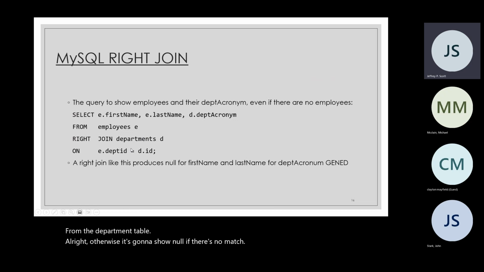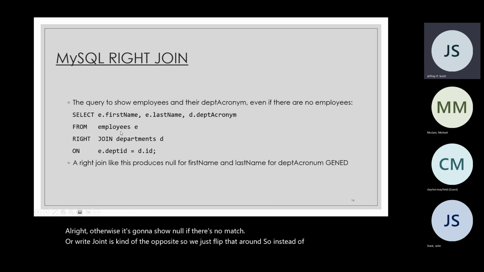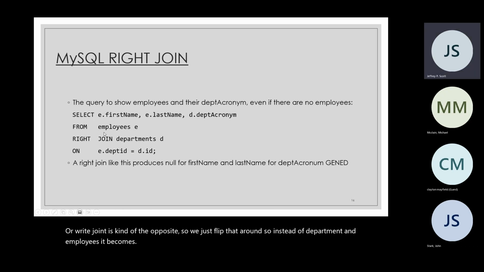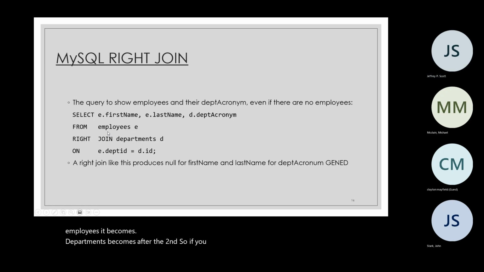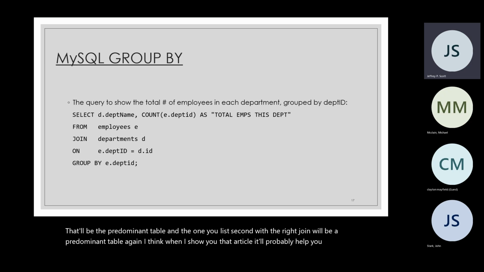A right join is kind of the opposite. So we just flip that around. The one you list first with a left join will be the predominant table, and the one you list second with a right join will be the predominant table. Again, I think when I show you that article, it'll probably help your understanding of this.